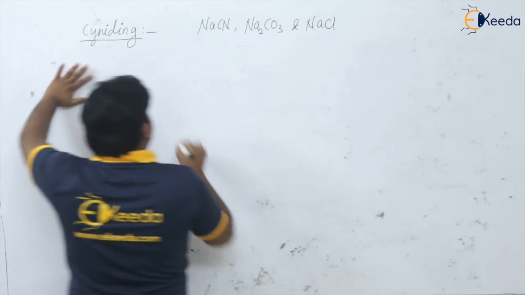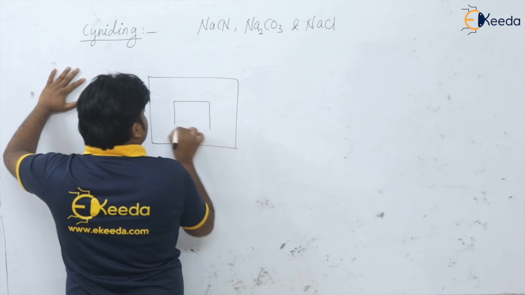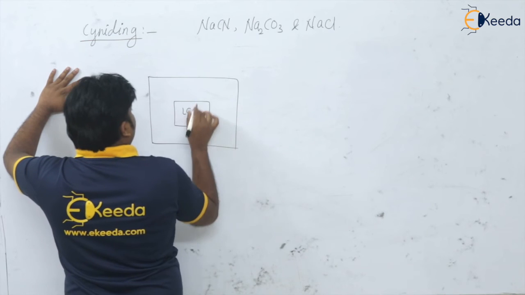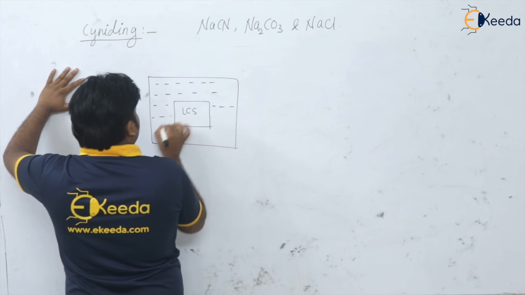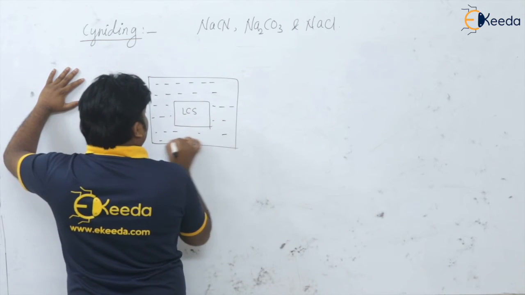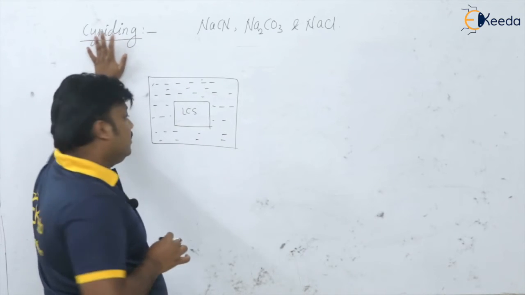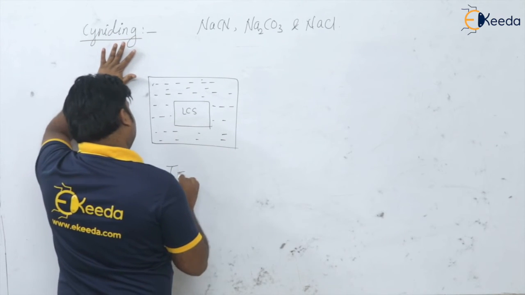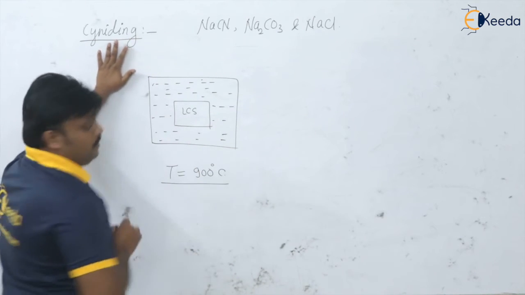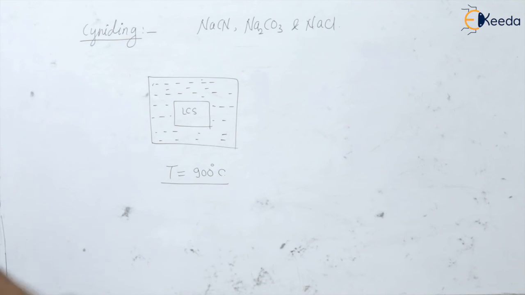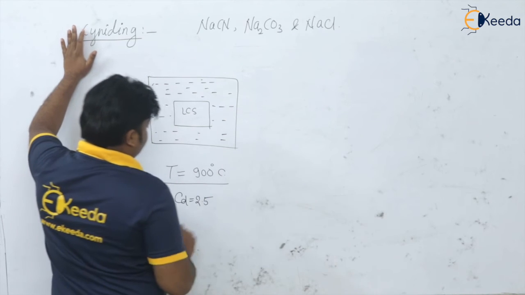This is the solution, and this low carbon steel component is heated up to a temperature of 900 degrees centigrade in this cyaniding salt bath, isn't it? This is the cyaniding process. Temperature is around 900 degrees centigrade, and we are getting a case depth of up to 2.5 mm.